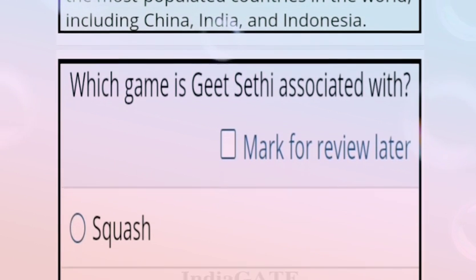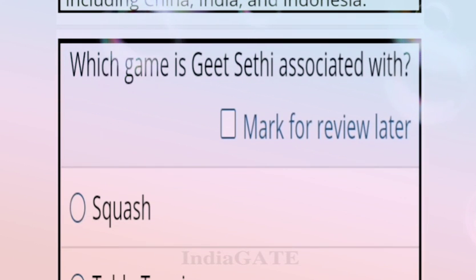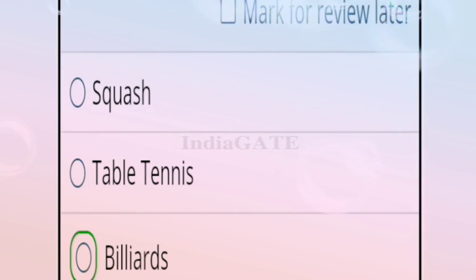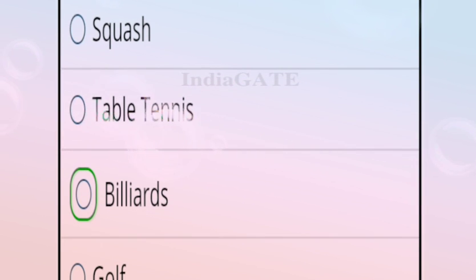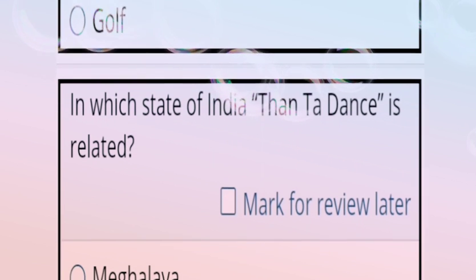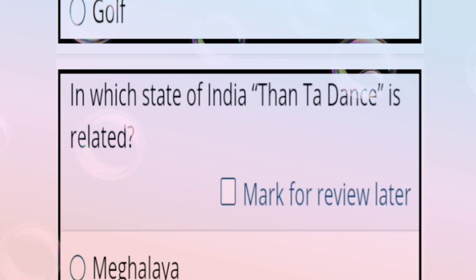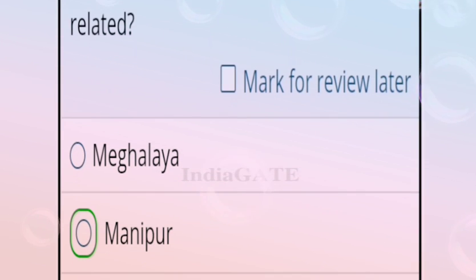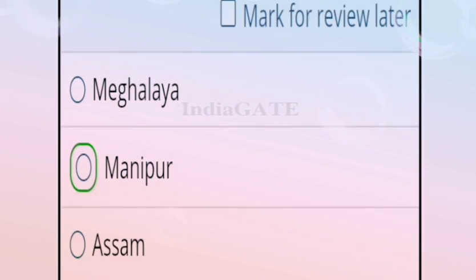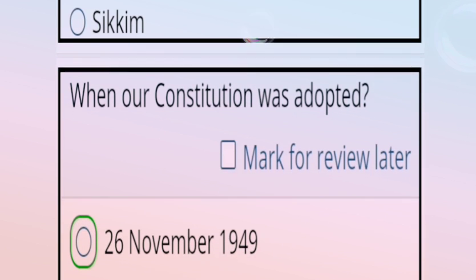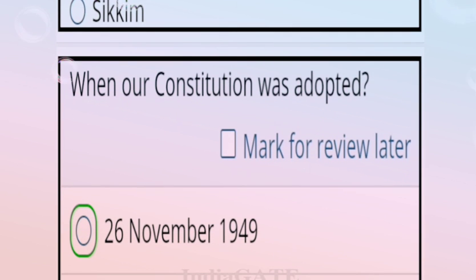Next question, which game is Geet Sethi associated with? So the correct answer for this is option C, that is billiards. Next question, in which state of India is this dance related? So the correct answer is option B, that is Manipur. Next question, when was our constitution adopted?